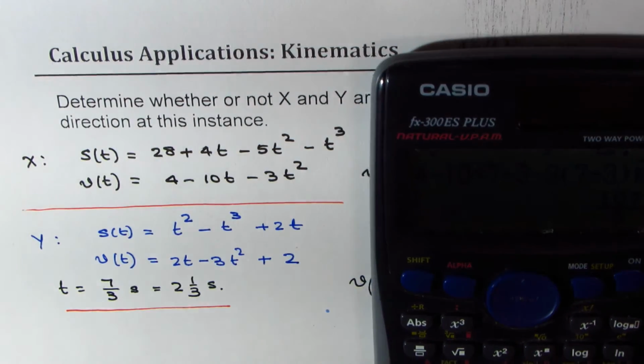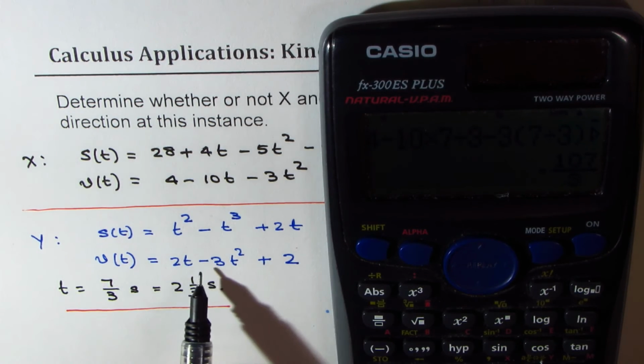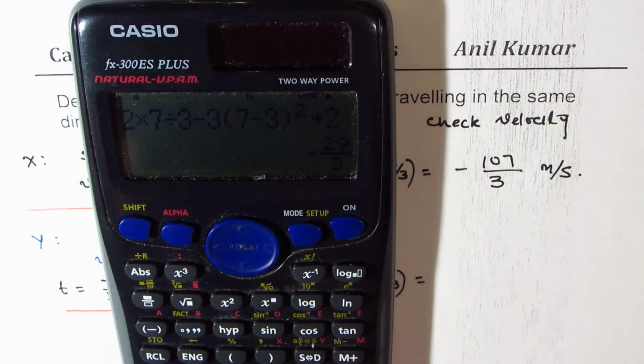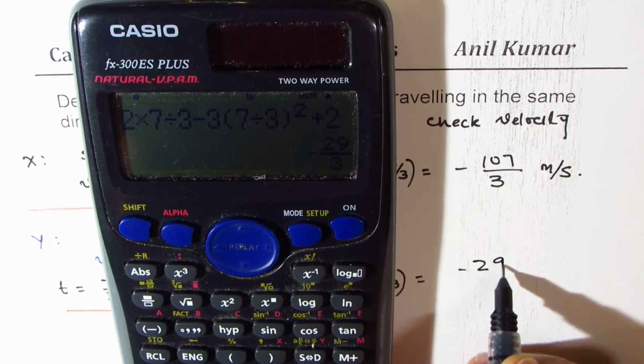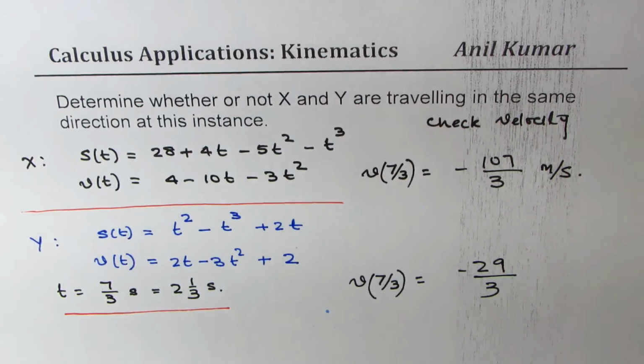Now let's calculate for the second particle, which is velocity expression 2t minus 3t square plus 2. So 2 times 7 divided by 3 minus 3 times within bracket 7 divided by 3 whole square plus 2 is equal to minus 29/3, right? So both are negative answers.